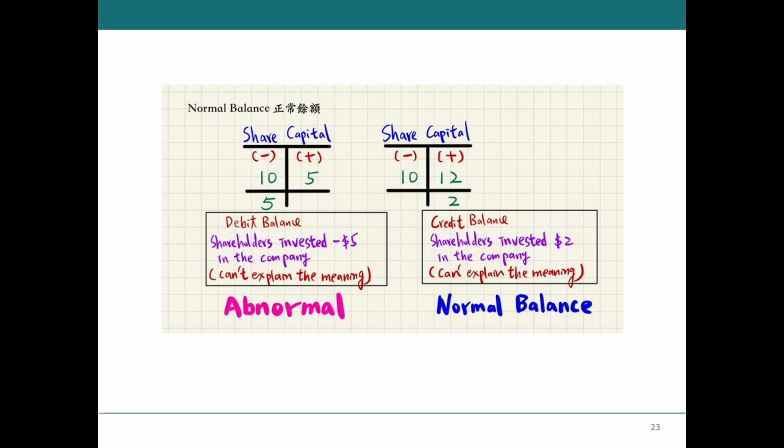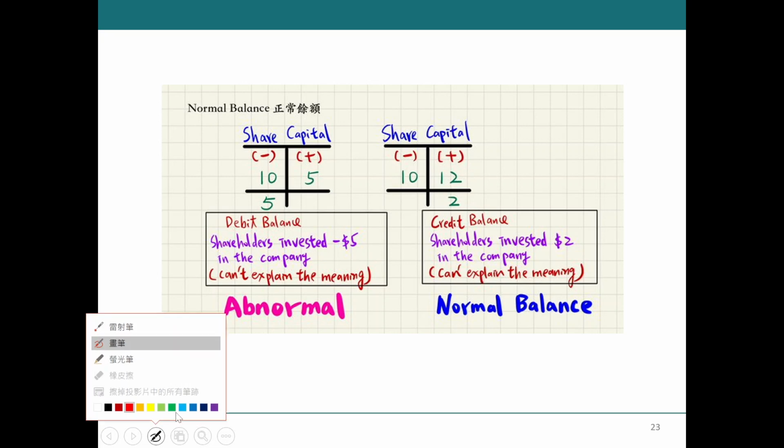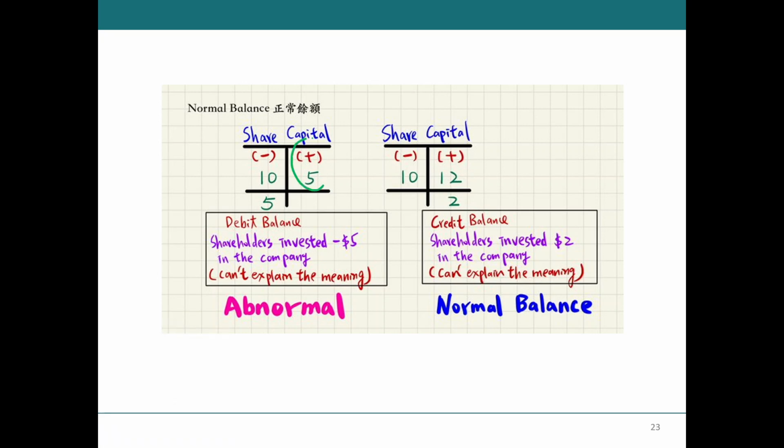So what does it mean? Share capital increase means shareholders' right in the company increases. Why does their right in the company increase? Because they put more money in your company.